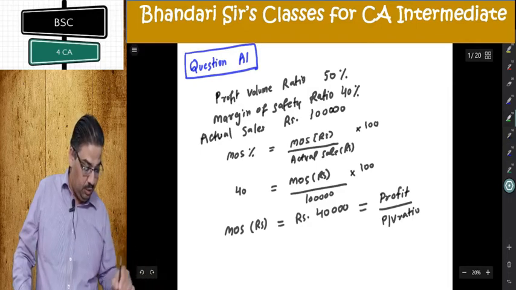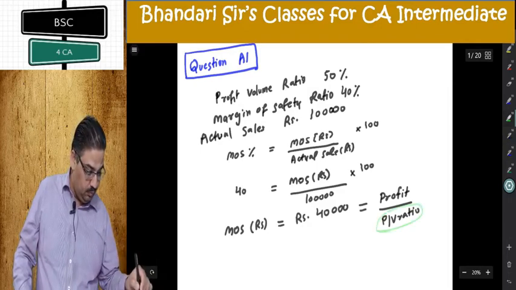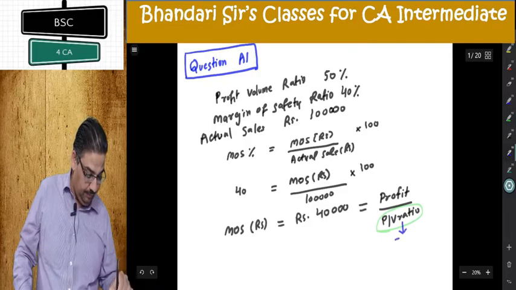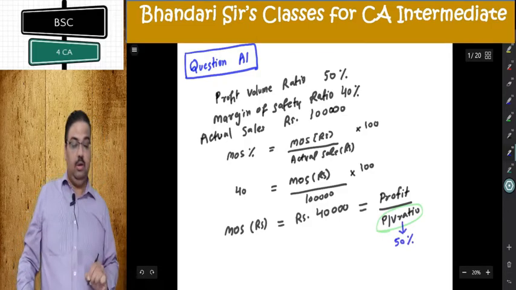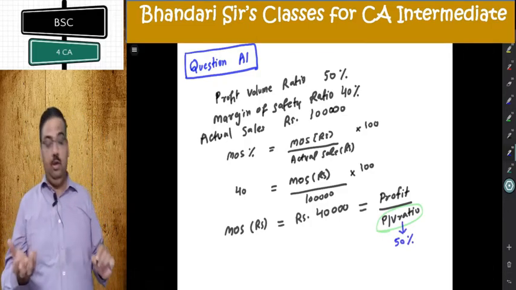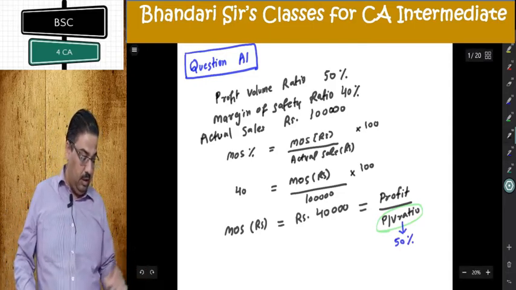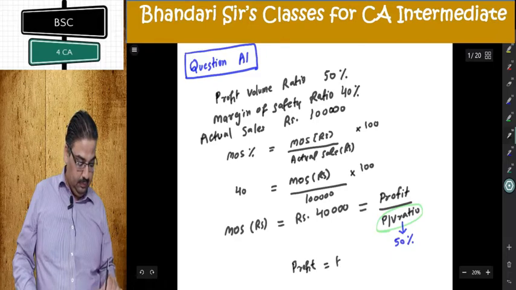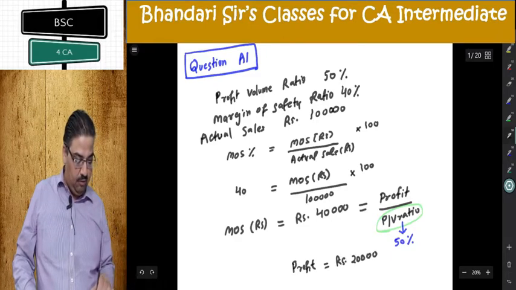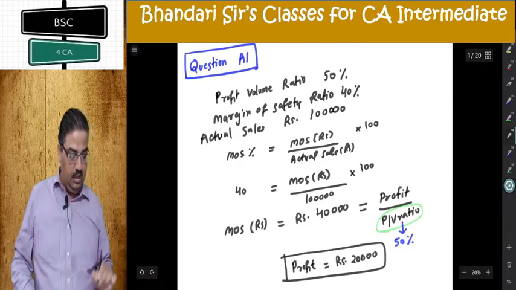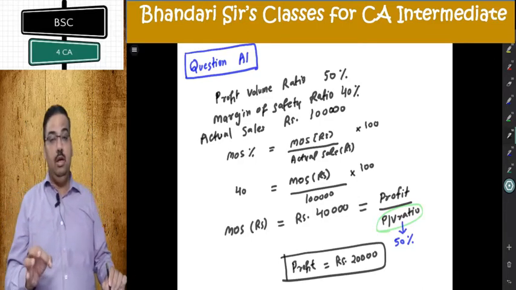Now this PV ratio I know. This is given at 50%. The question wants me to compute profit, so I get profit easily from there. Profit is rupees 20,000.